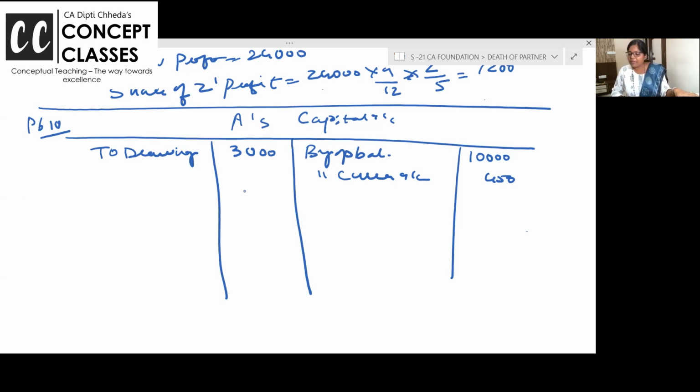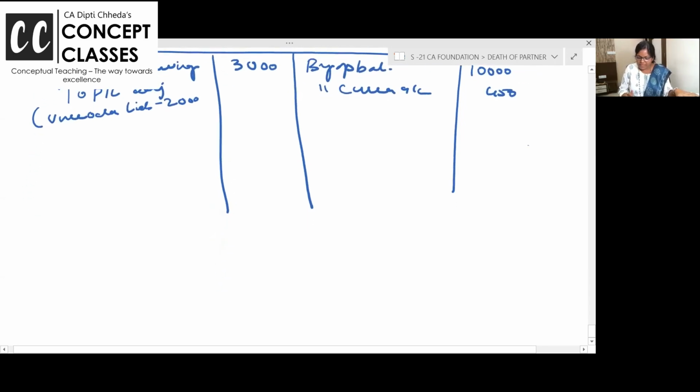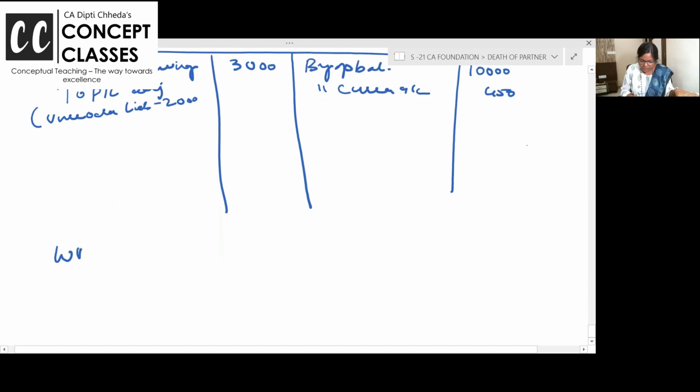Okay. So liability, if you have not recorded, now if you record, it's a loss. P&L adjustment account debit. Unrecorded liability कितना है? 2,000 है. इसमें इसका शेयर कितना है? A, B, C share only we have not found. आ जाओ नीचे. Working note 1.